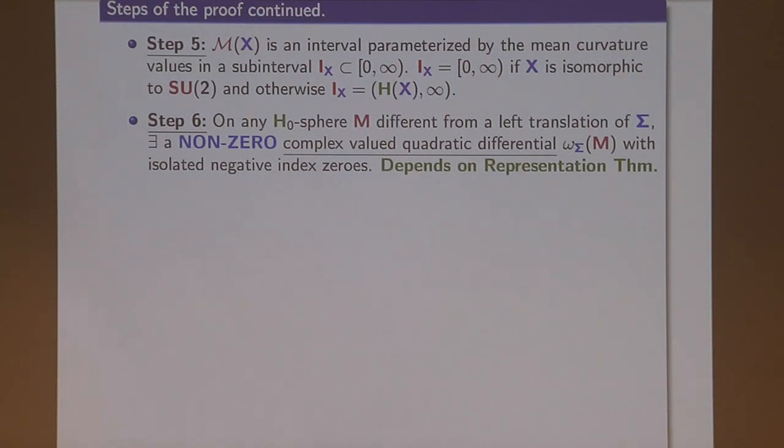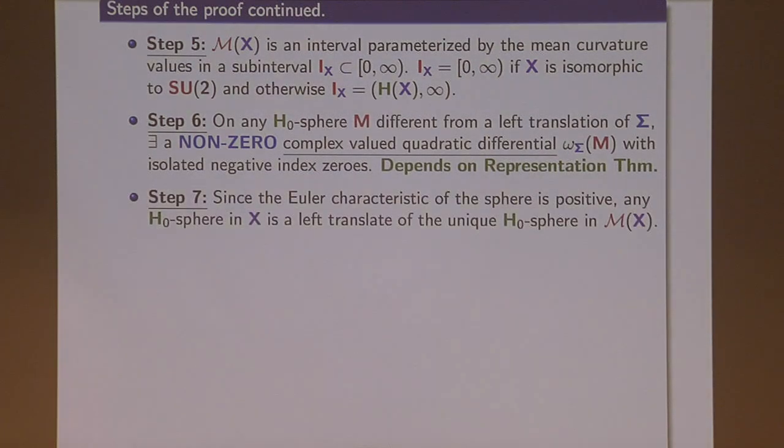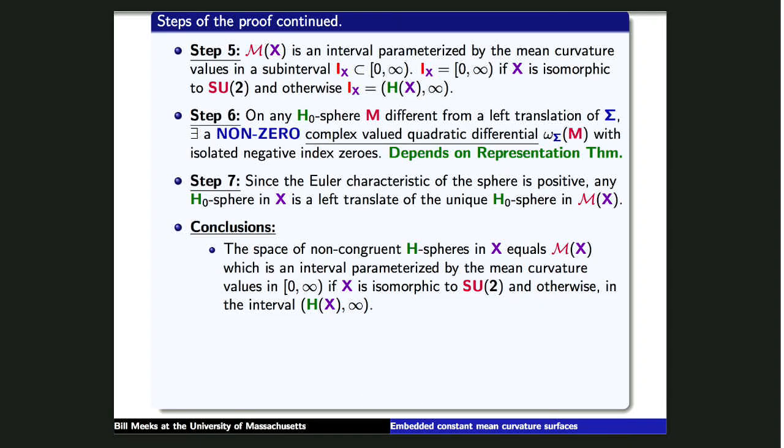That's certainly believable, and that's what you do. And because the Euler characteristic of the sphere is positive, we can't have such complex valued differentials with isolated zeros of negative index. So for topological reasons, this surface must have been sigma, up to left translation. Now we've finished the whole proof.